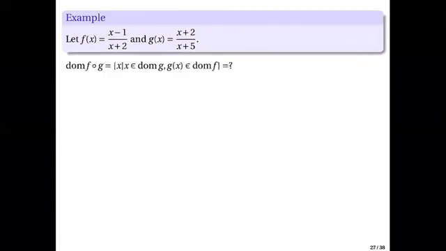Because what is the domain of f circle g? By definition, you get all the x's coming from the domain of g. And then you should show that when you evaluate those x's, the g of x must be in the domain of f.